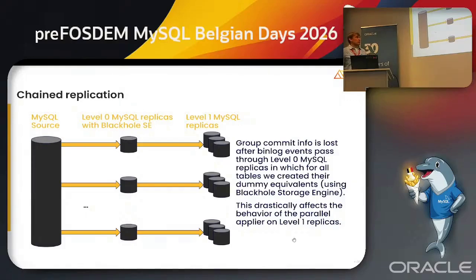Some people were using mysqld just as a way of propagating binlog events to other parts of the topology, and for that they use an interesting trick: creating an identical schema on level 0 replicas, but switching the actual storage engine from InnoDB to BLACKHOLE, so that no data is written permanently.